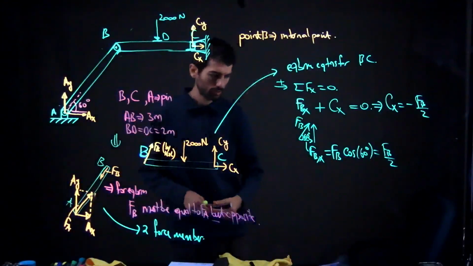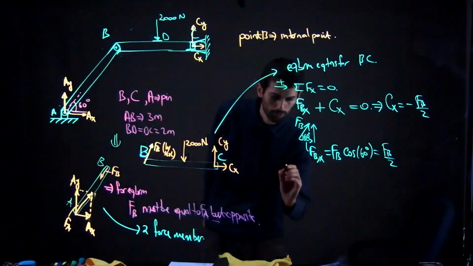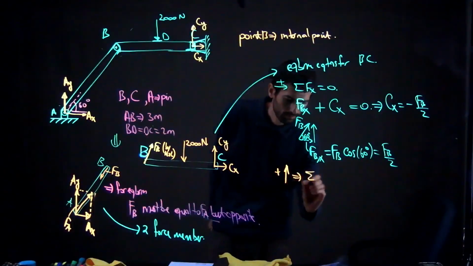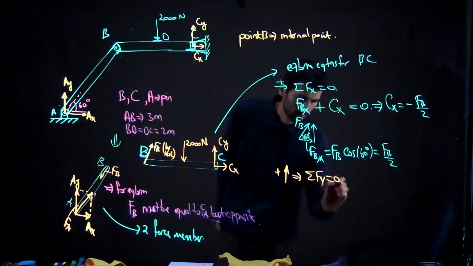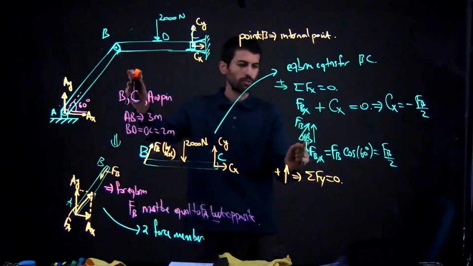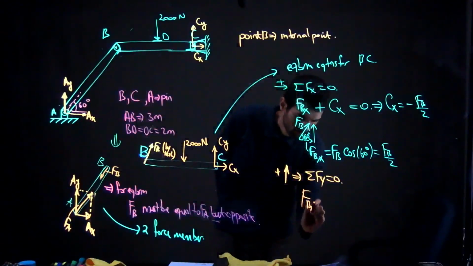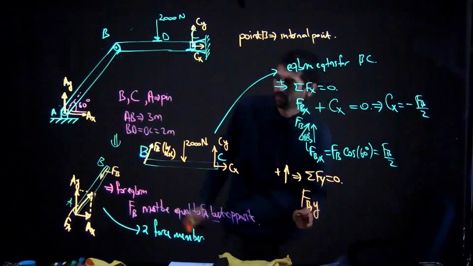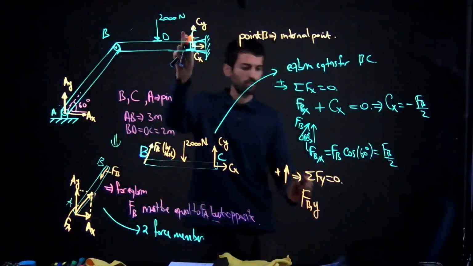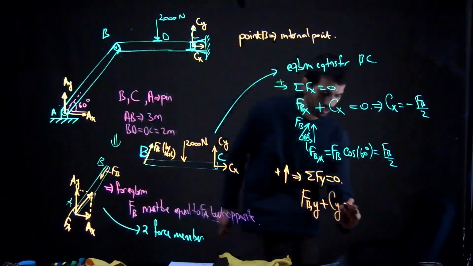And then the second equilibrium equation. It will be the y direction forces adding up to 0. Now we will have FBy, which will be FB sine 60, positive, plus Cy, which is positive, and then minus 2000, which is negative.